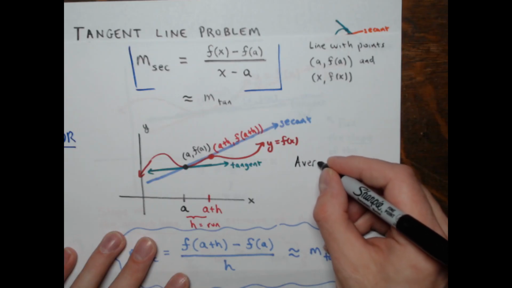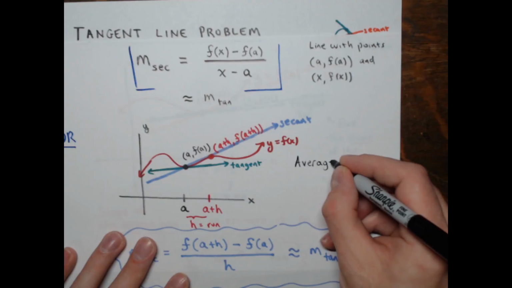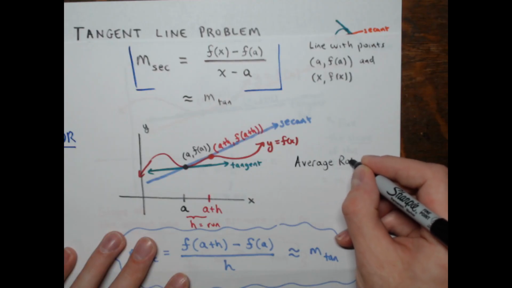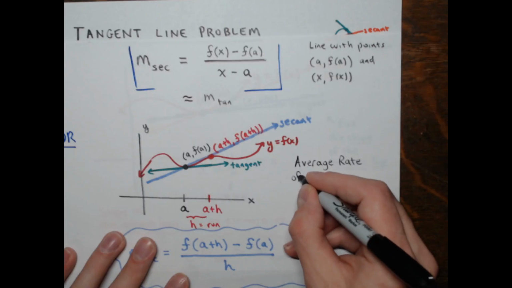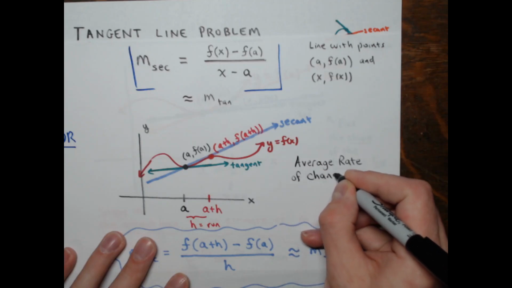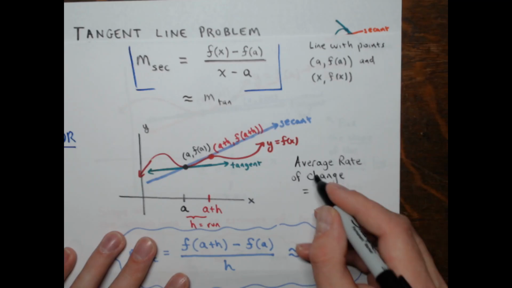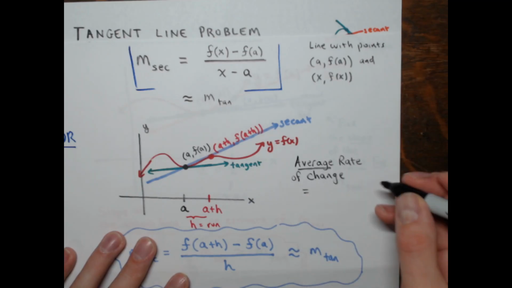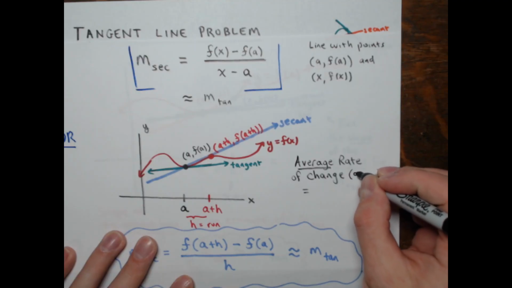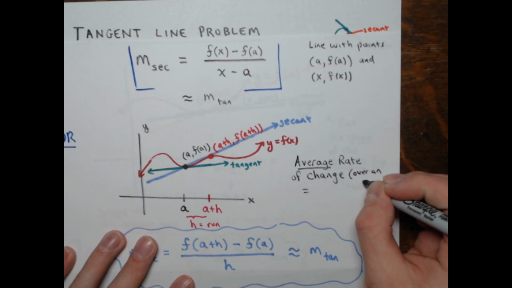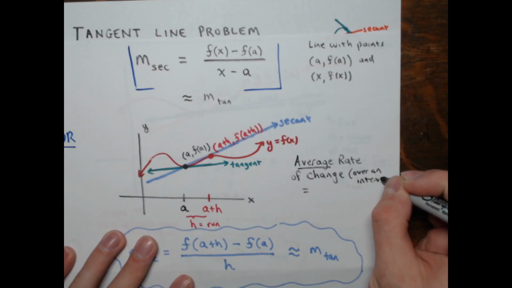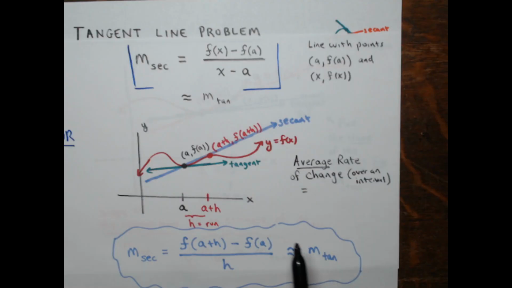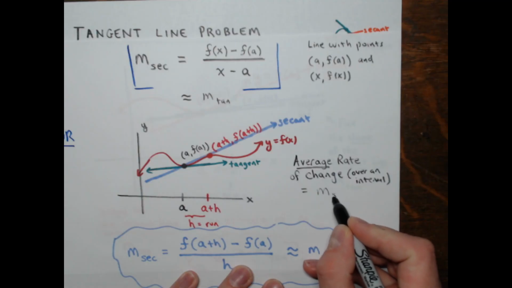So average rate of change. This is the average rate of change. This is over an interval. Okay, this is how much does y change when compared to the change in x over some interval on the x-axis. This is the slope of your secant lines.